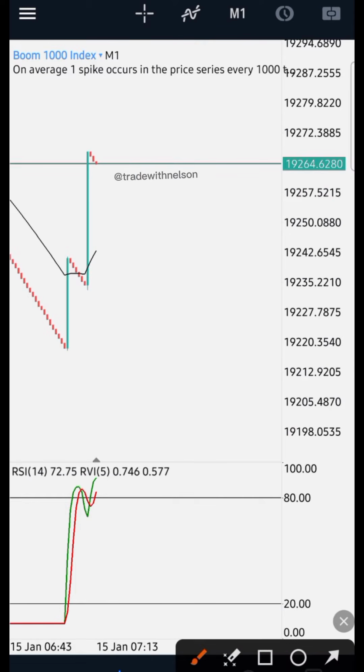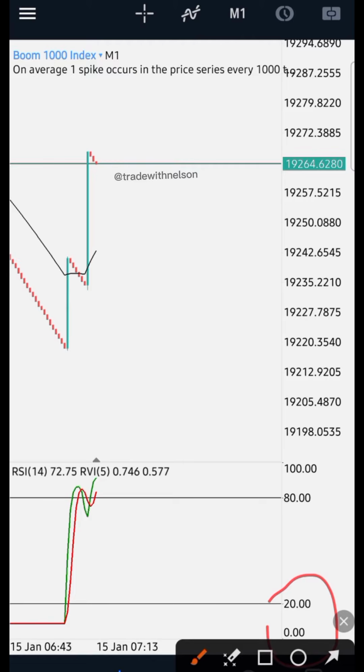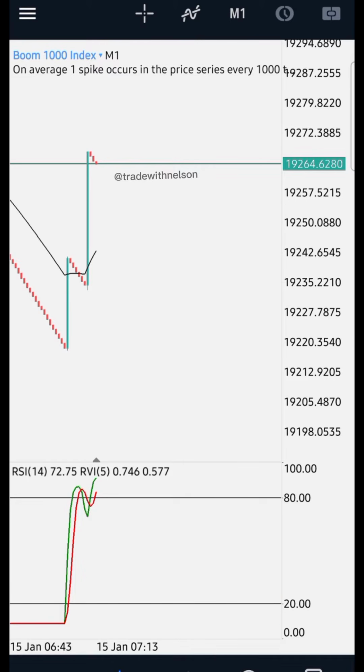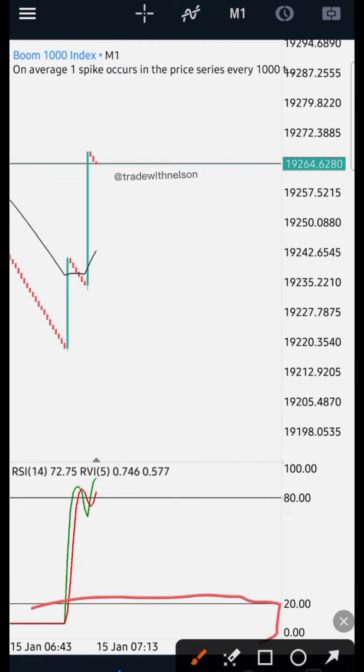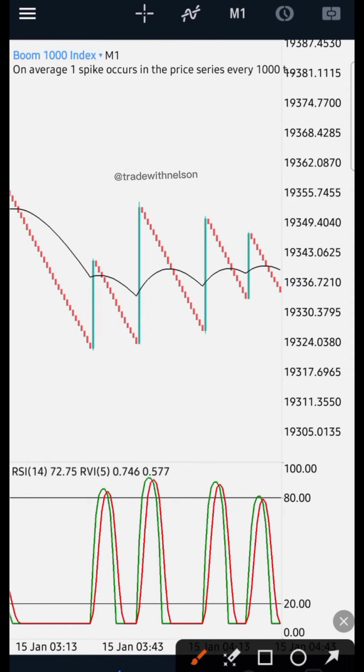As we all know, our relative strength index, the RSI, has this scale over here, which is the 100 to 80 level, which we use to know the exact time that the market is overbought. And if you look over here, the 20 to 0 is the scale that we use to know when the market is oversold for the crash market. For the boom, we are selling, and for the crash, we are buying.